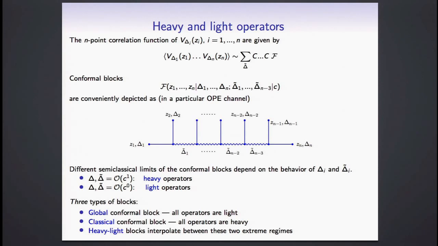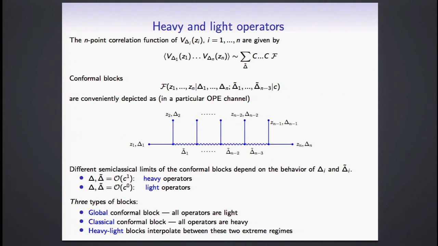And we know that the correlation function can be decomposed into conformal blocks by using a particular OPE channel, and the expansion coefficients are identified with the structure functions, which are given here by C, and also we use a particular range of summation given by conformal dimensions.